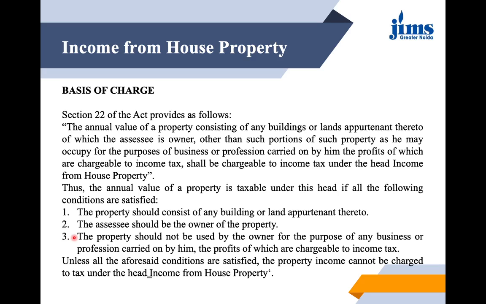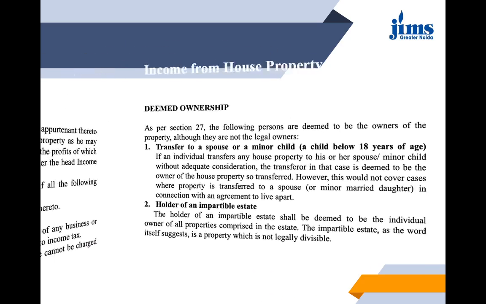So in that case, he is not allowed to show that particular income as income from house property. Unless all these aforesaid conditions are satisfied, the property income cannot be charged under this particular head. It will either go to income from other sources or it will be charged as income from business and profession, as the case may be.